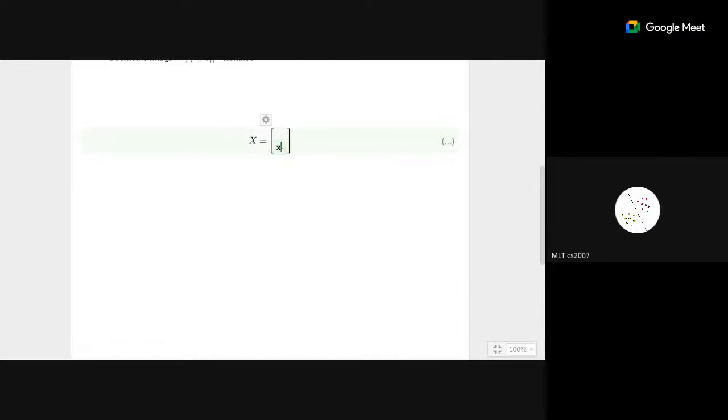I'm not going to give numbers here, but I'll just make this 3 data points, so you have x1, x2, and x3, and corresponding to this y1, y2, y3.